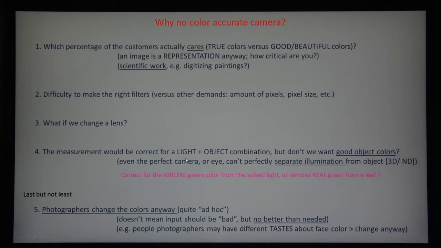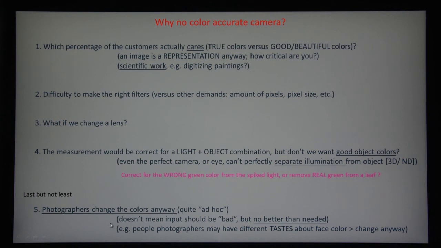And the measurement would be correct for some light and object combination, but actually we want to measure the object colors perfectly, not whatever light you had. So you have this difficulty with very difficult lights, like the spiked street lights and so on. That's gonna be a problem anyway.